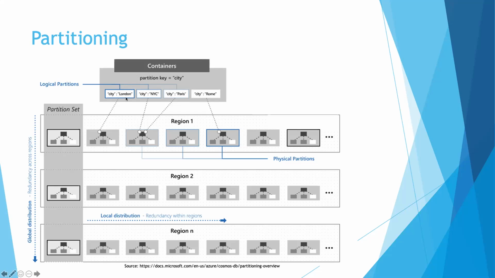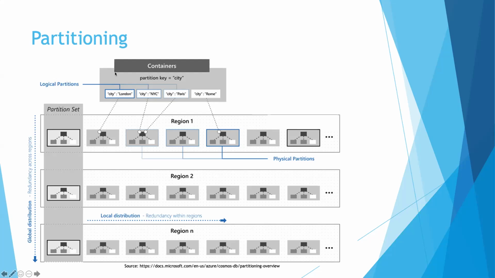How that looks on disk is that there are physical partitions that Cosmos DB automatically scales, and several logical partitions can be co-located on one physical partition. The physical partition part we don't have any control over. Cosmos DB automatically scales that.